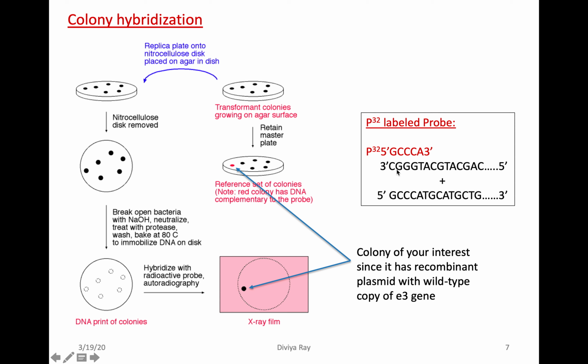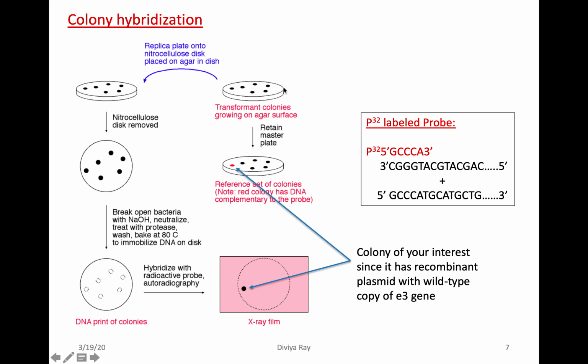So let us say this is a partial DNA sequence of gene E3. If you know this sequence, you can use it to design a DNA probe whose 5' end is radiolabeled.